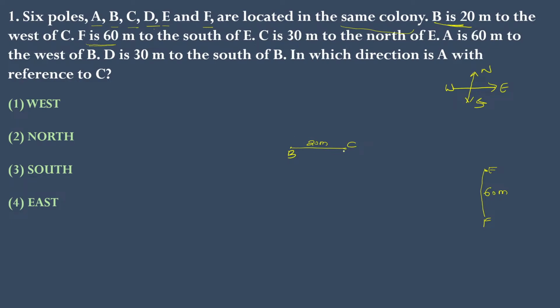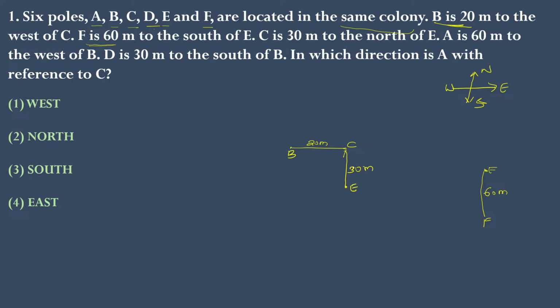If you see that C is 30 meters to the north of E, means here E is there. So C is 30 meters to the north of E.